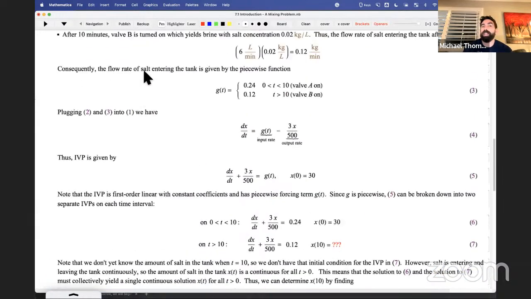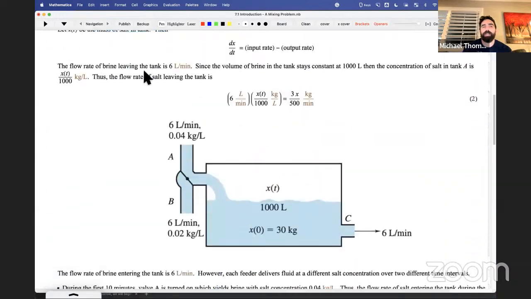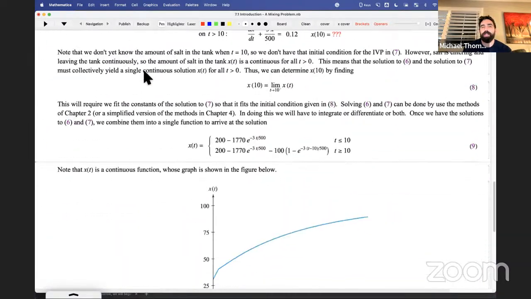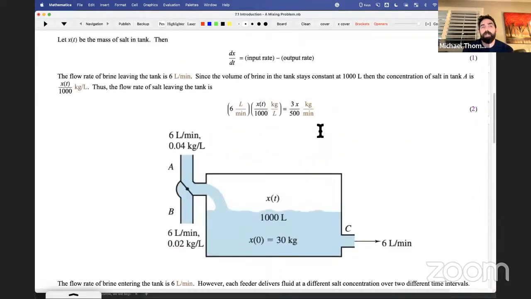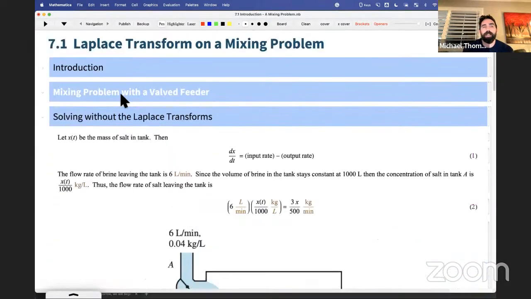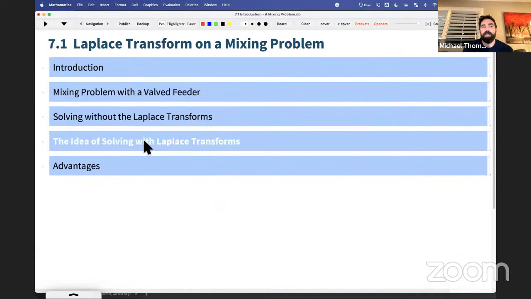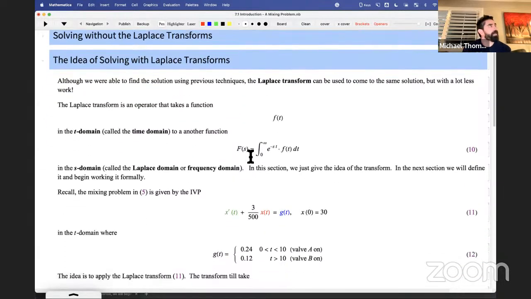All right, so that would be the previous way of doing it. And that's fine. The difficulty is going to be solving these guys. As you know, this takes a lot of time. Well, let's look at another way to do this. If we introduce the Laplace transform, turns out we can solve this thing a lot easier.